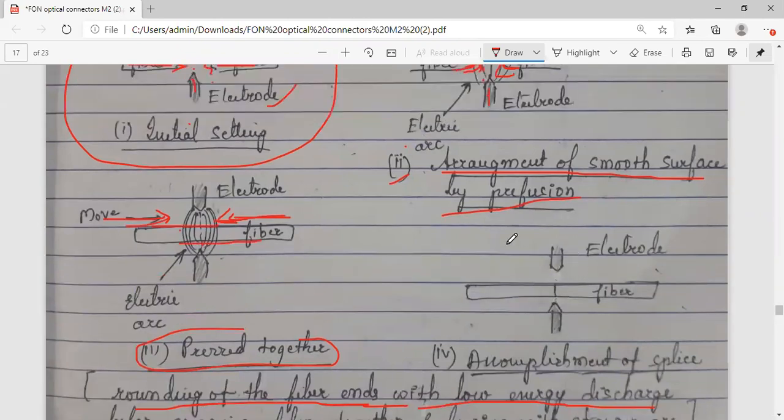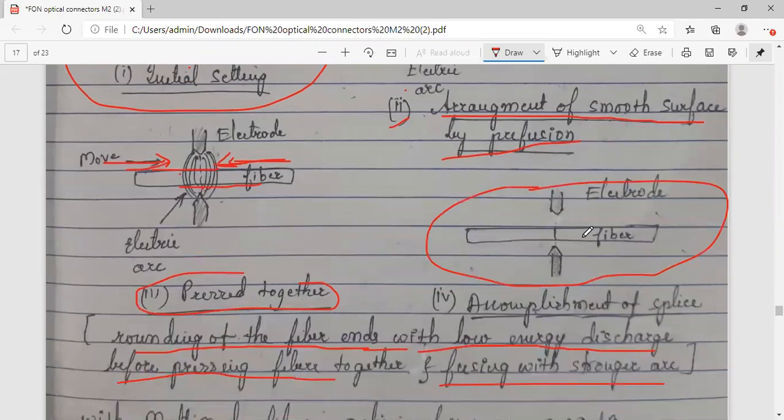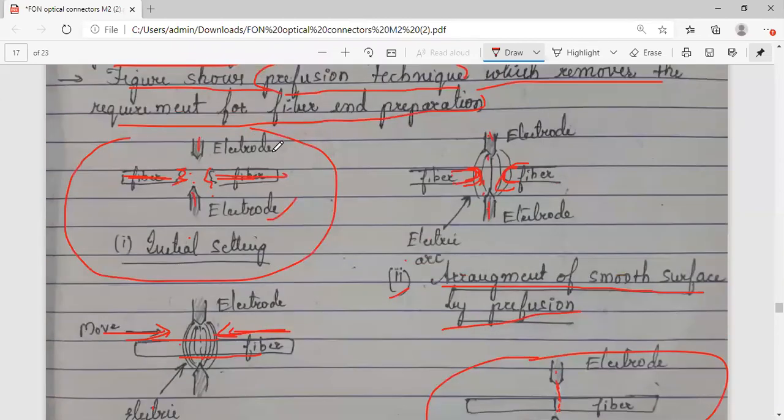And finally, in the fourth step, they are fused with the stronger arc. So after the third step, whatever electric arc you are supplying will have high intense heat. So this is the pre-fusion technique. Even though some irregularities are there in the optical fiber face ends, it's okay. With the pre-fusion technique, you can even achieve the splicing.